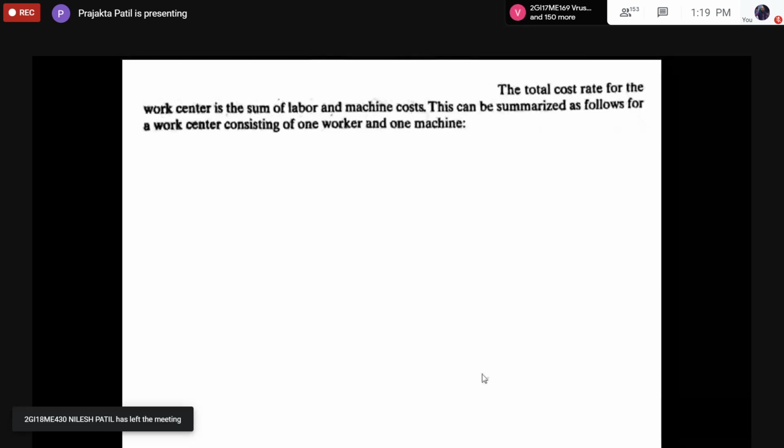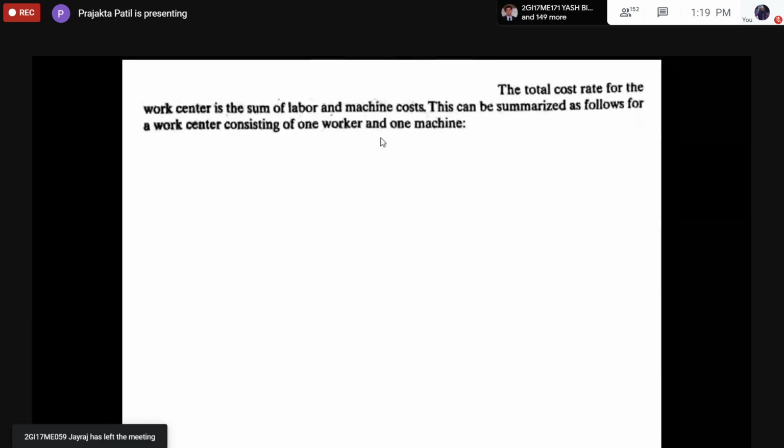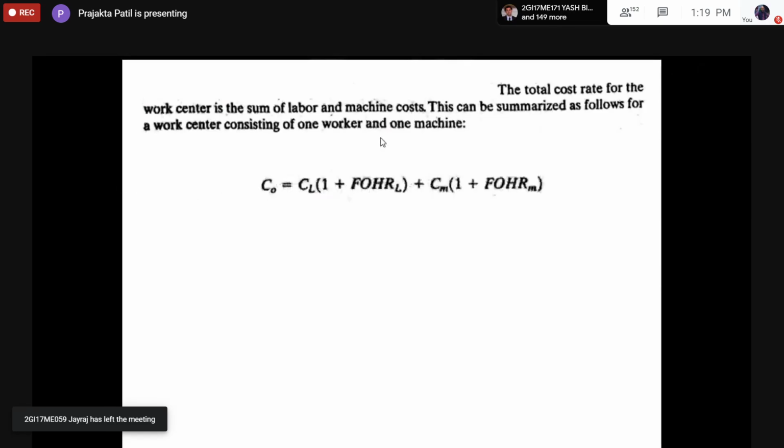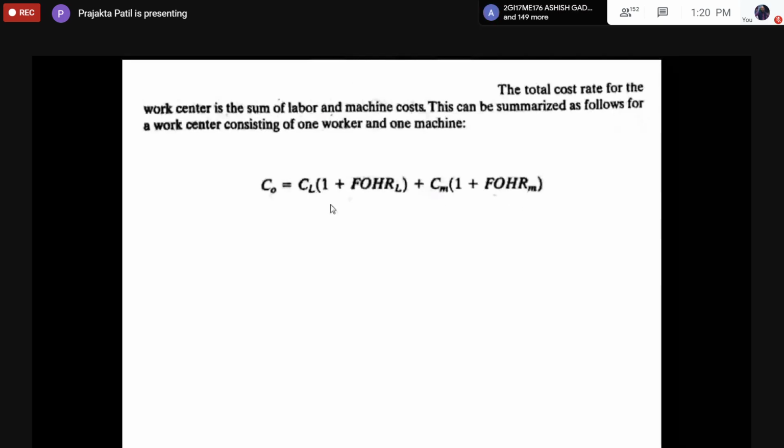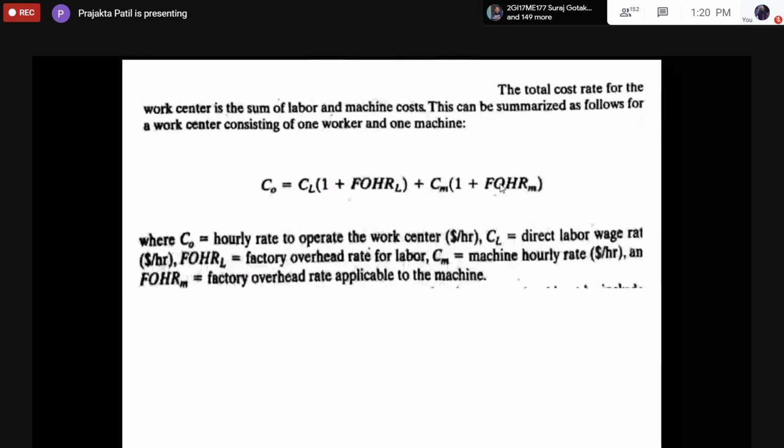So the total cost rate for the work center is the sum of labor and machine cost. This is summarized as follows for a work center consisting of one worker and one machine. This equation is yet another equation which will help you get the total cost for a work center. It is the sum of the labor cost and the machine cost. Where Co is the hourly rate to operate the work center, in dollars per hour.